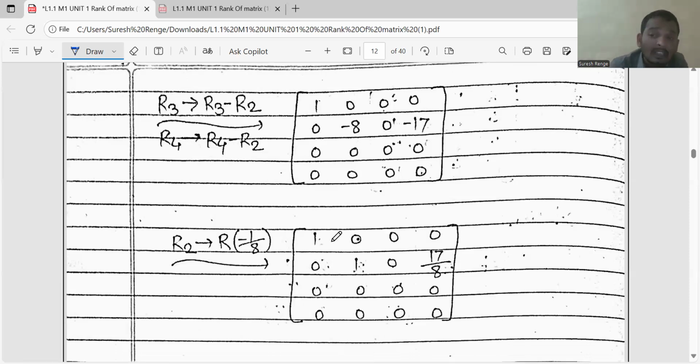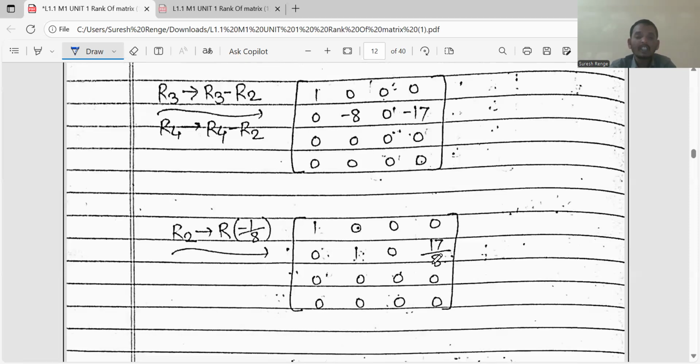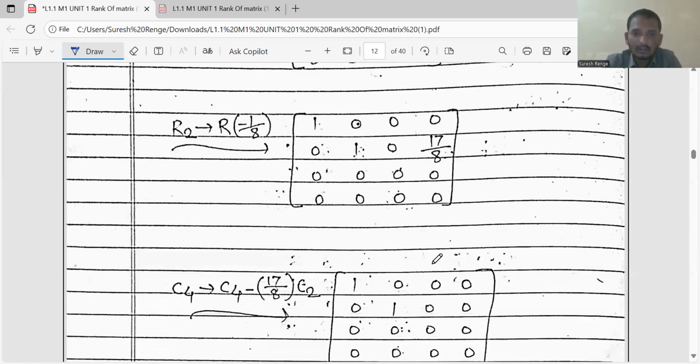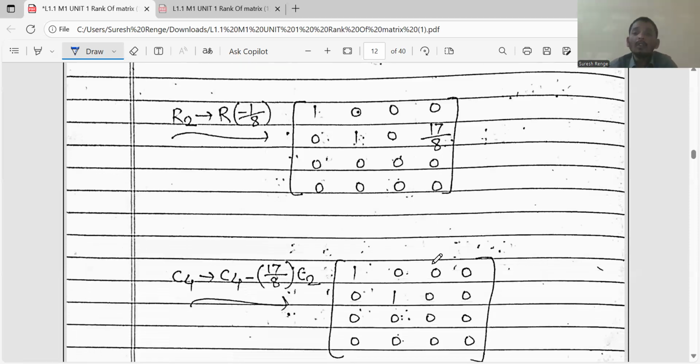That leading element available here, minus 8, will become equal to plus 1. And minus 17 divided by minus 8, the minus signs cancel, becomes 17 divided by 8. This is the matrix. Whatever the leading element is, we are making that element equal to 1. Now what is the next step?